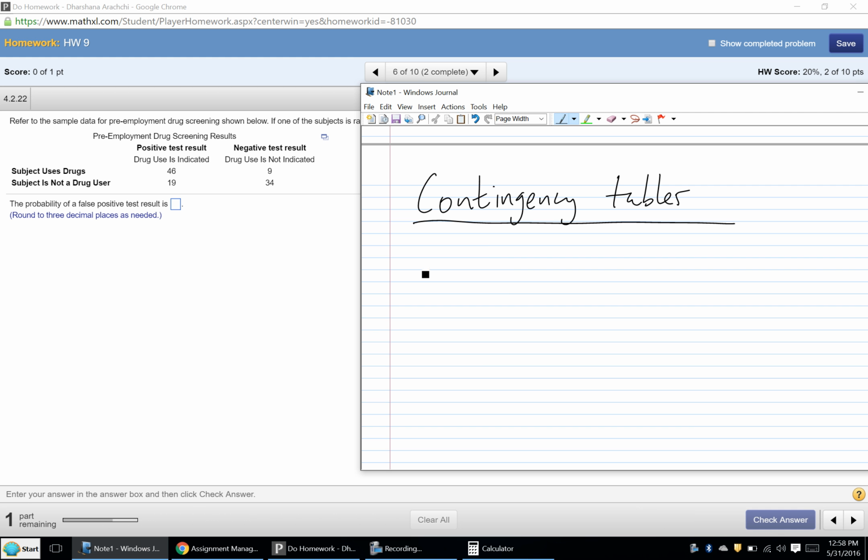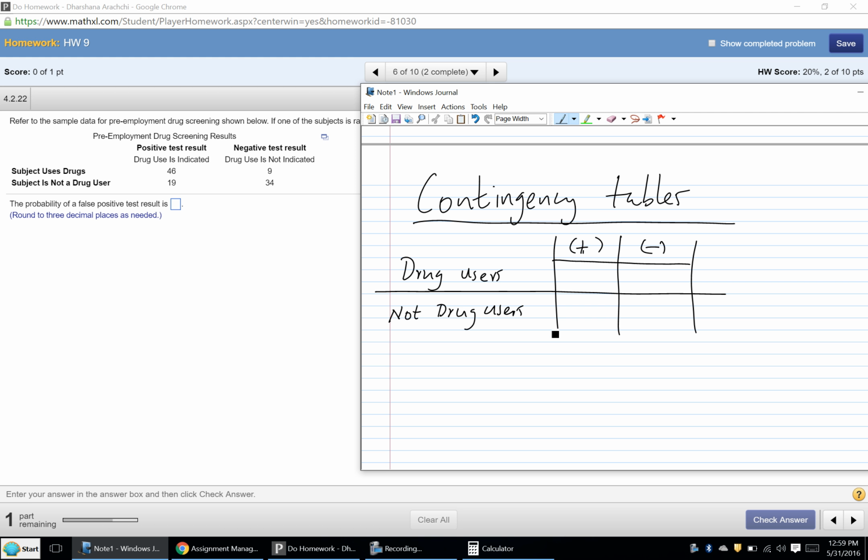You have drug users and not drug users, and then positive results and negative results.